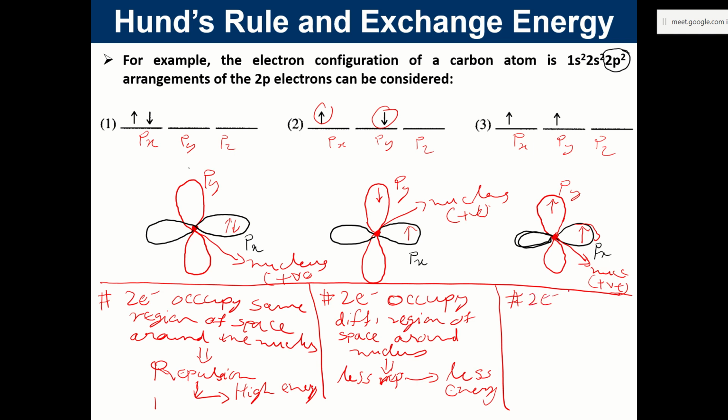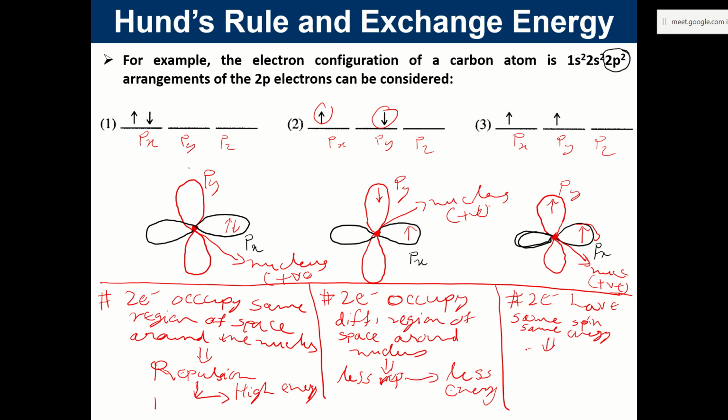Two electrons have same spin, दो different areas में हैं, repulsion तो minimize कर ही दिया. In addition to that, they have same spin, same energy, in same energy orbitals, and so they can exchange their places.